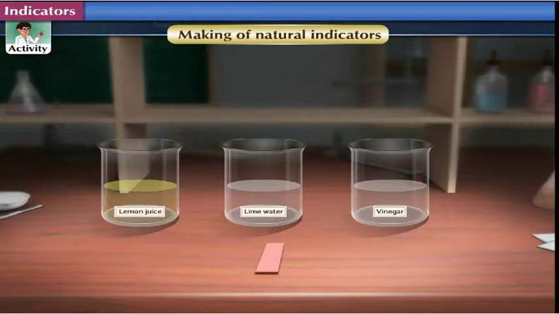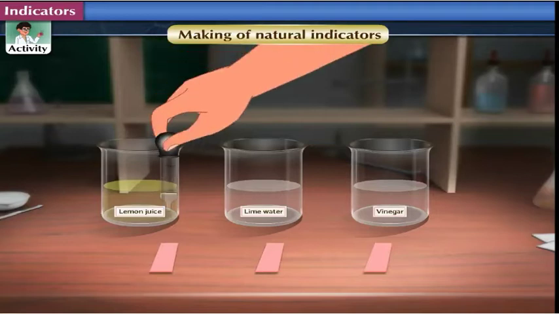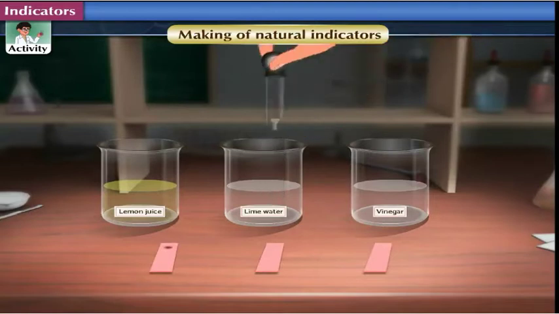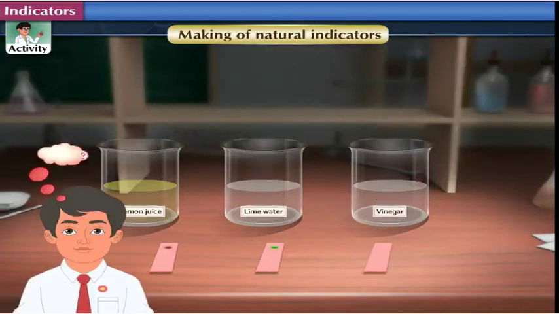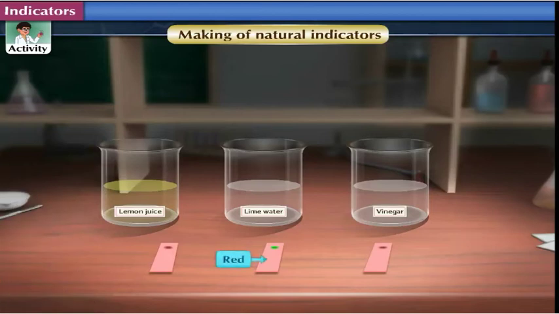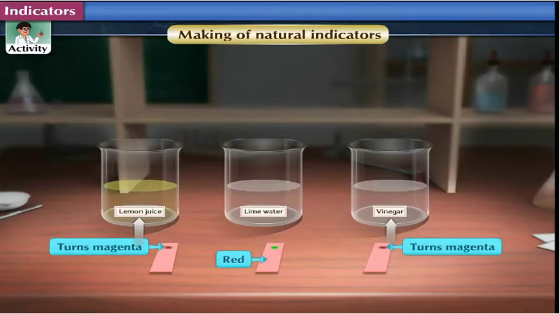Next, let us take 3 hibiscus indicator papers and put drops of same substances on them respectively. What do you observe? Red color of hibiscus indicator paper turns magenta on addition of lime juice and vinegar, and green on addition of lime water.